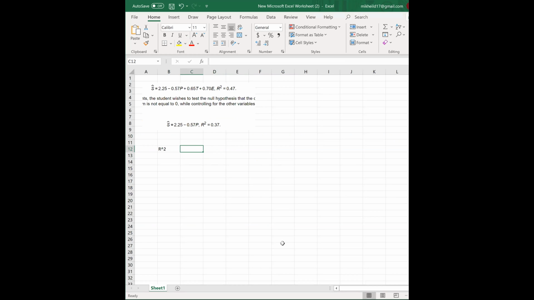If you remember, it is based on either SSR, or it can also be calculated using R squareds from the restricted and the unrestricted models. Please note, never use adjusted R squared to calculate F stat, because F stat is only based on R squared. So now what's the formula for that?